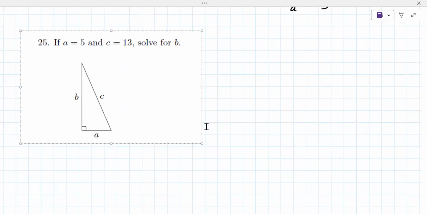Write that on the top. And then B, and then 5 squared, B squared equals 13 squared.